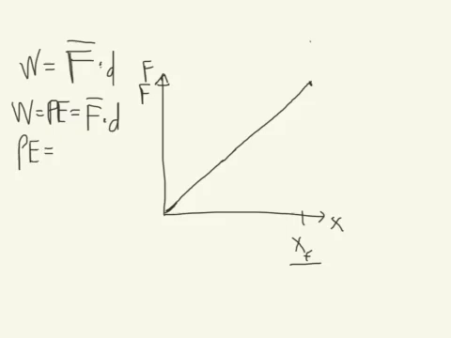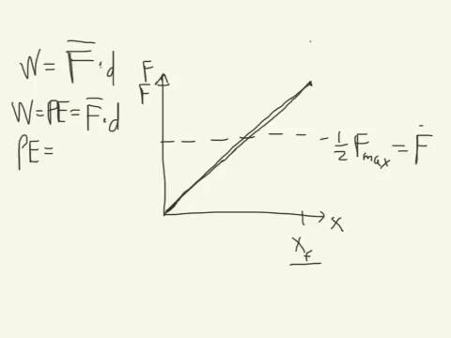And since the force goes up in a straight line, we can see that halfway up we have the average force. So the average force over the course of this entire compression of the spring is half of the maximum force.